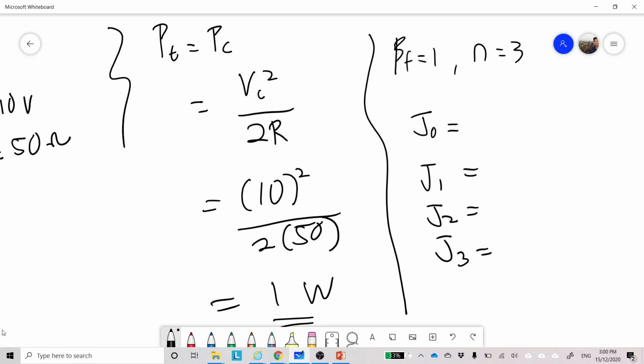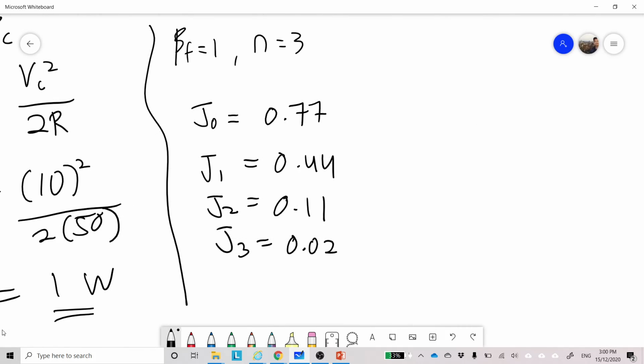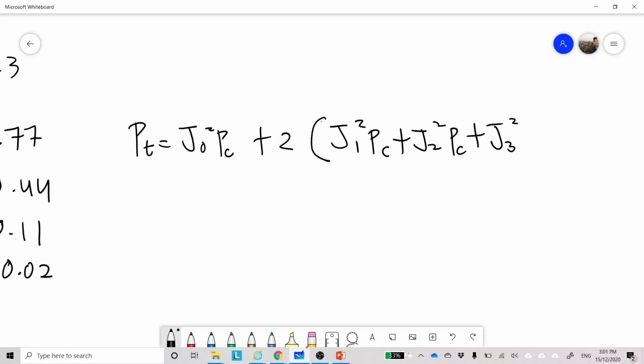So J0 is 0.77, 0.44, 0.11, 0.02. Okay. So therefore, if you want to do the calculations, P total is equal to J0 square PC plus with 2 J1 square PC plus J2 square PC plus J3 square PC.